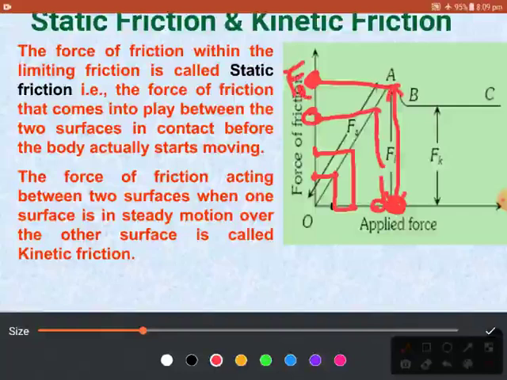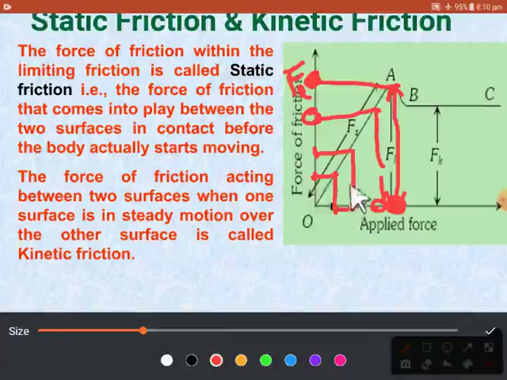Got it? What is known as limiting friction? Limiting friction is the maximum static friction. When you increase the applied force from here to here up till here, the body doesn't move. That means this applied force is equal and opposite to the force of friction.